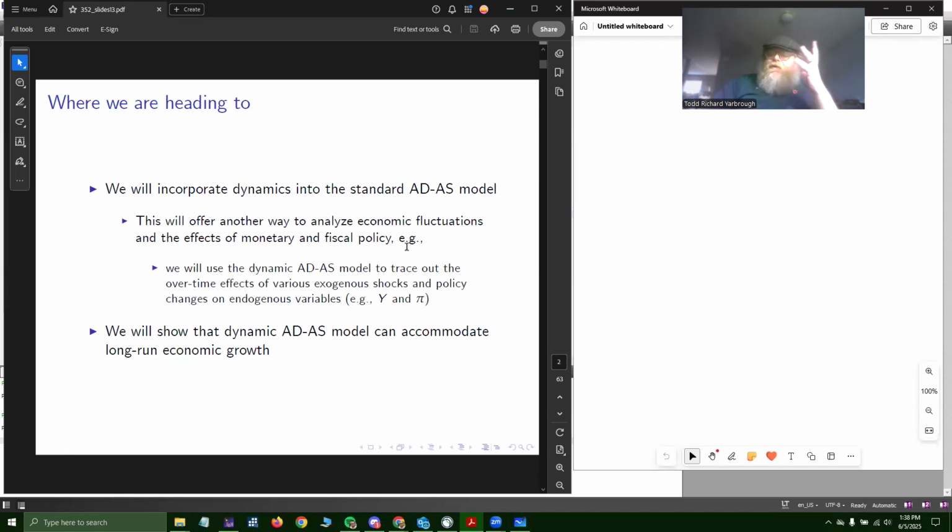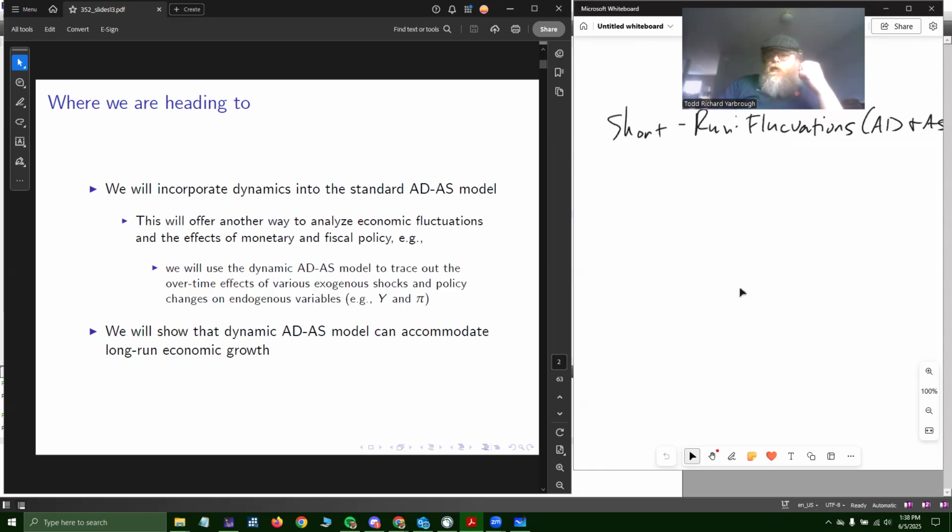So if we think about straightforward ways to think about it, in the short run, we tend to think more in terms of fluctuations, primarily of aggregate demand and aggregate supply.